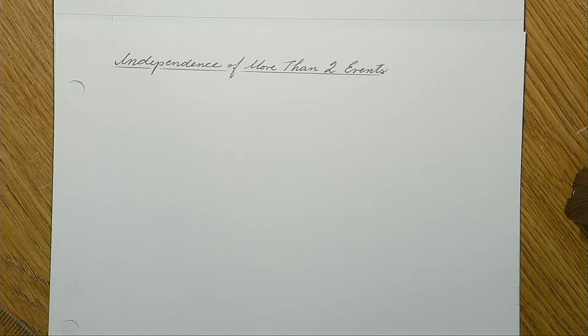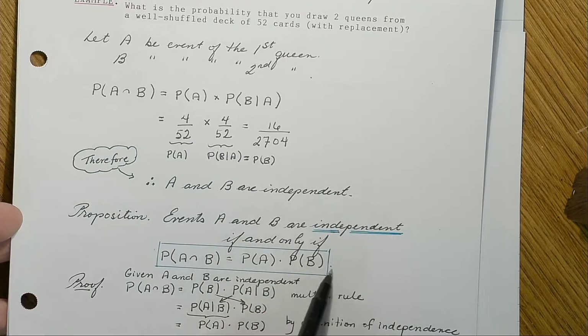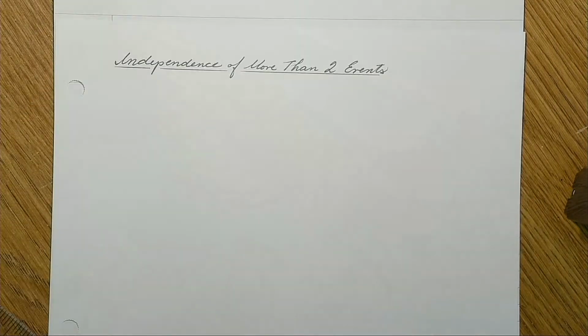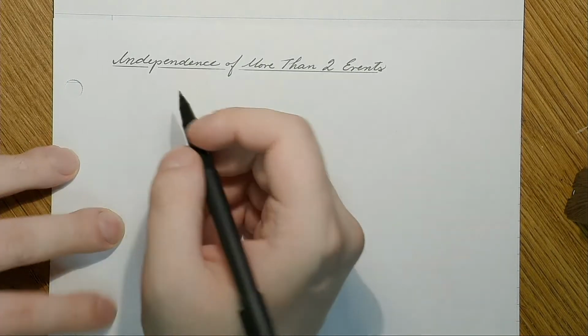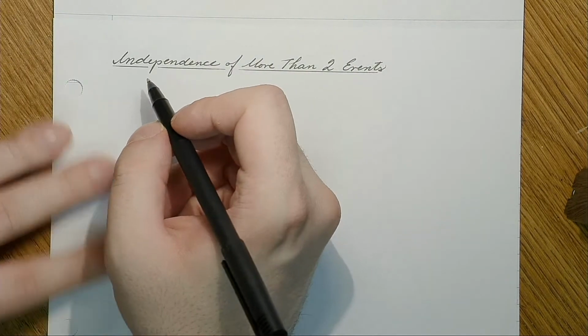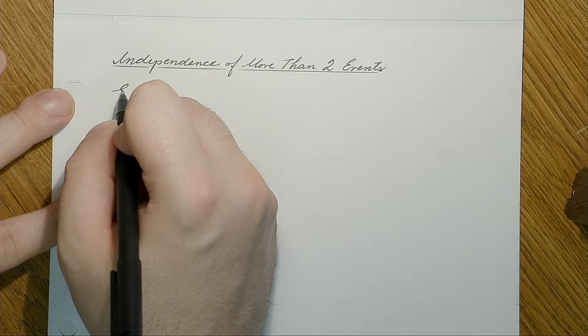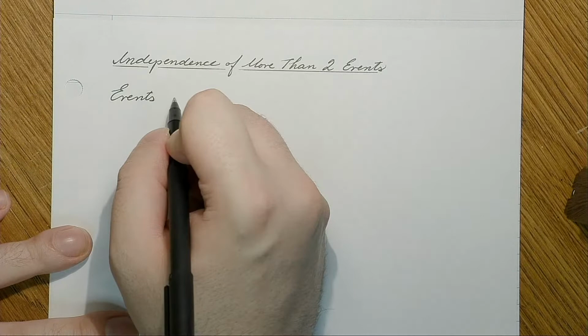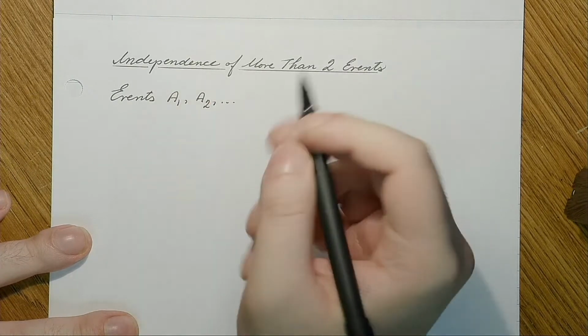And I'll just flip back to that. Back along these lines like this. Okay, so they say that we have events A1, A2, all the way up to AN.